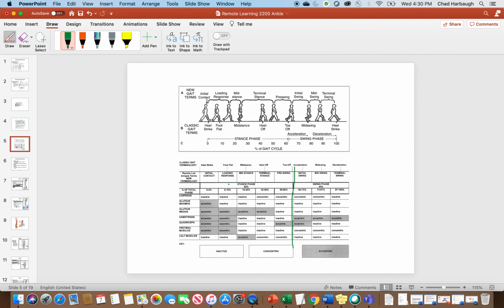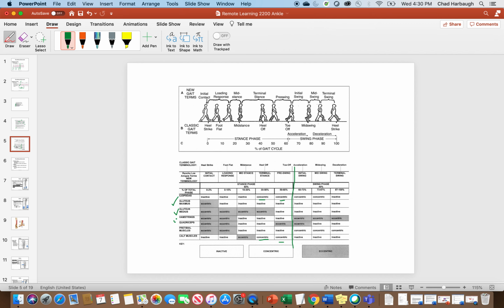One of the most interesting aspects is that we only see concentric activity in the calf muscles and in the iliopsoas. So a lot of the concentric, or shortening, action is going to come from the hip and the calf muscles for propulsion. And then we predominantly see the majority of activation is going to be lengthening.